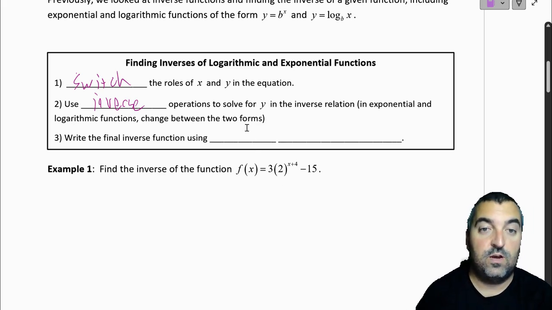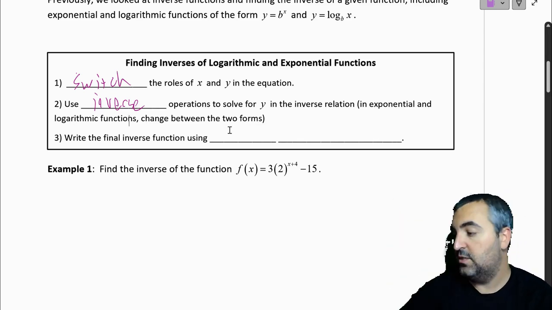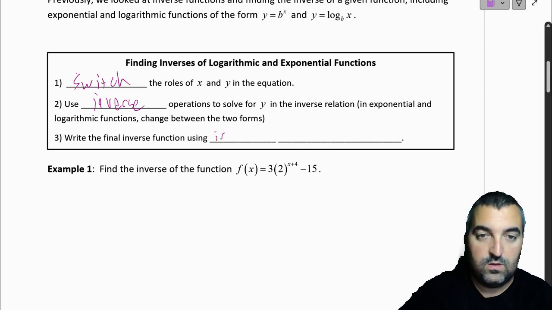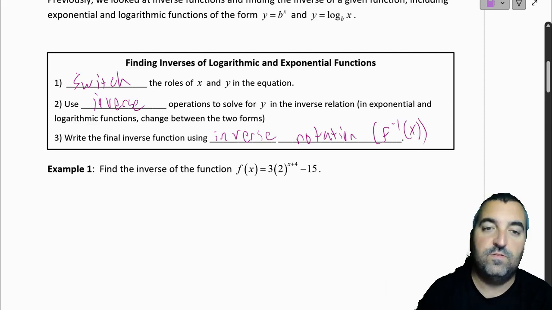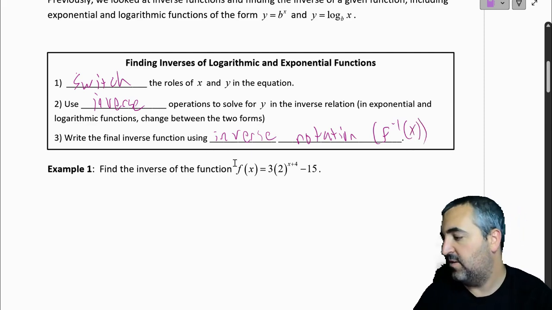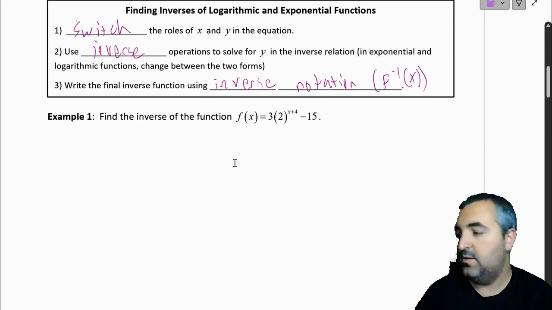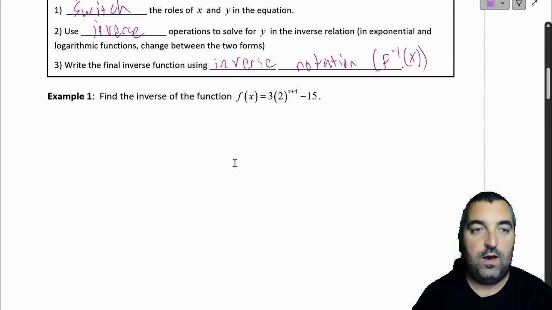In exponentials and logarithmics, you change between the two forms, and then you write the final function using inverse notation. As a reminder, inverse notation is when we say f inverse of x, or whatever the function is.